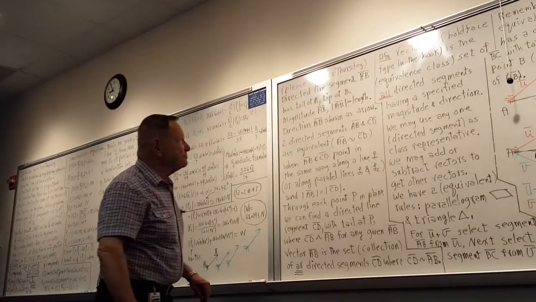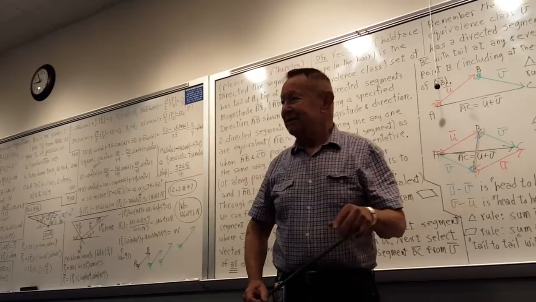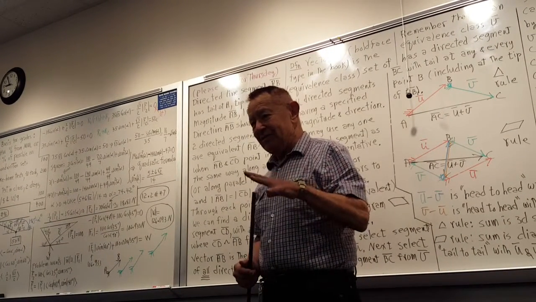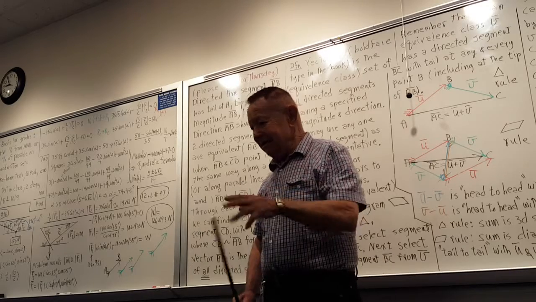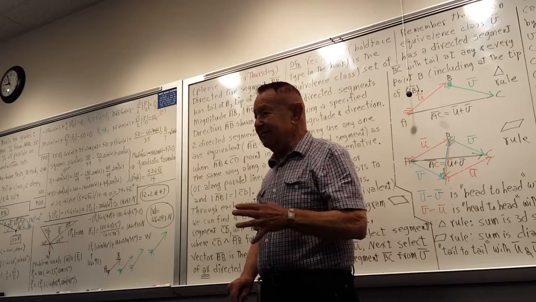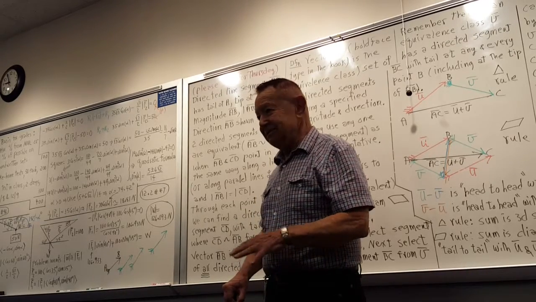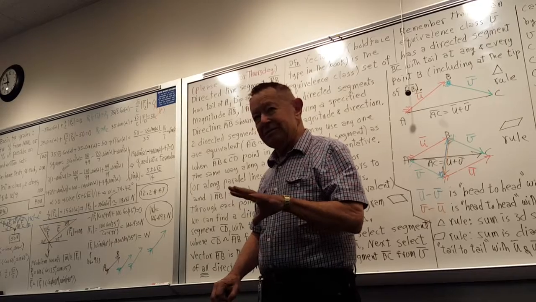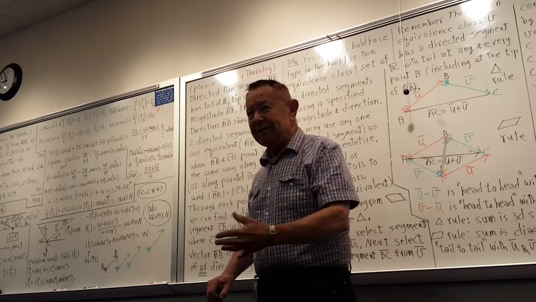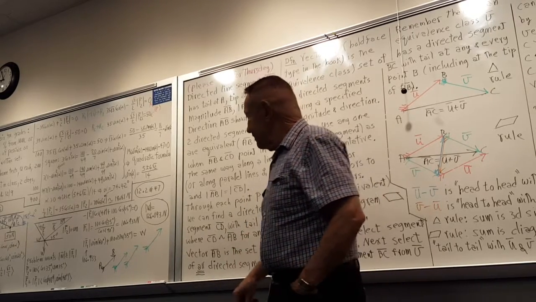So anyway, we have this idea of a set, or you can call it an equivalence class of arrows that are all directed alike and all the same length. So these will represent forces or velocities, physical quantities that require a sense of magnitude and direction to specify them, which of course is how they say it in the physics class.